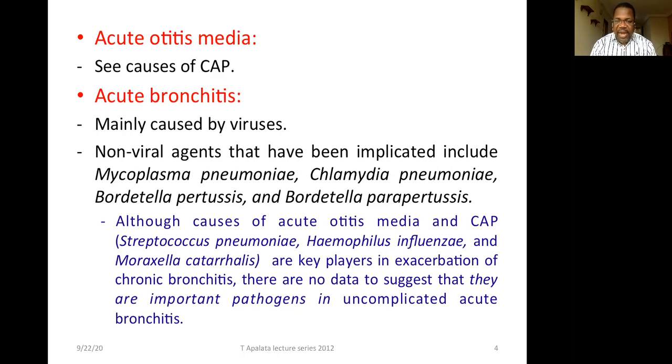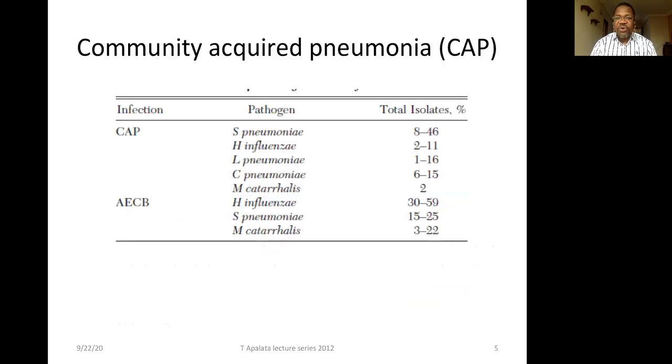Although they are key players in exacerbation of chronic bronchitis, there are no data to suggest that they are important pathogens in uncomplicated acute bronchitis. So they really don't play any major role in acute bronchitis. Okay. Now, community-acquired pneumonia, we already said that the commonest causes are Streptococcus pneumoniae, Haemophilus influenzae, and Moraxella catarrhalis.